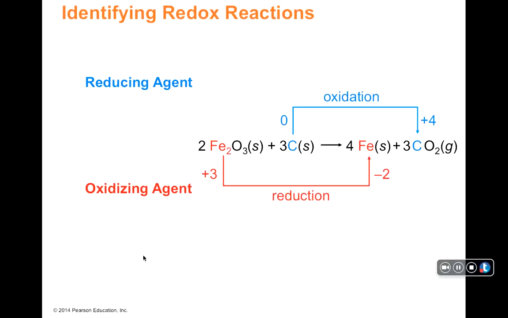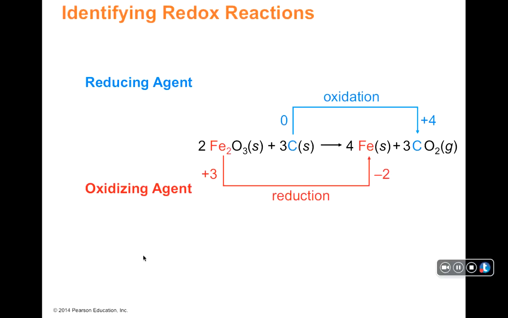So the charge on carbon in that compound is +4. So if we look at carbon, we can see it went from an oxidation state of 0 to +4. So did it gain or lose electrons? Lost electrons, lost specifically 4 electrons. Iron goes from a state of +3 to 0. Did it gain or lose electrons? It gained electrons. It gained 3 electrons.